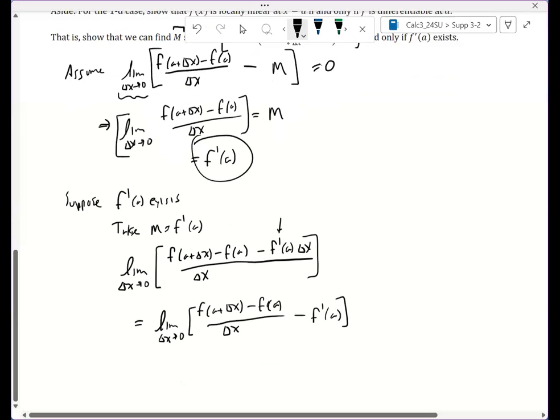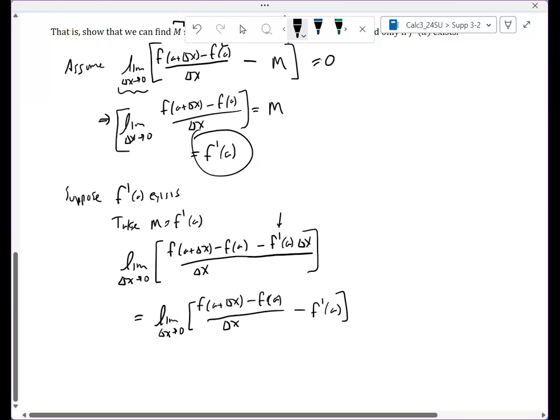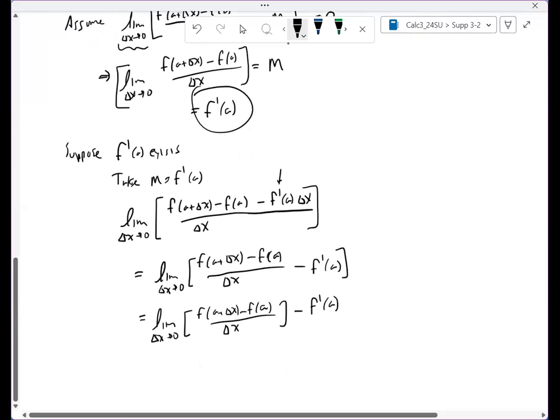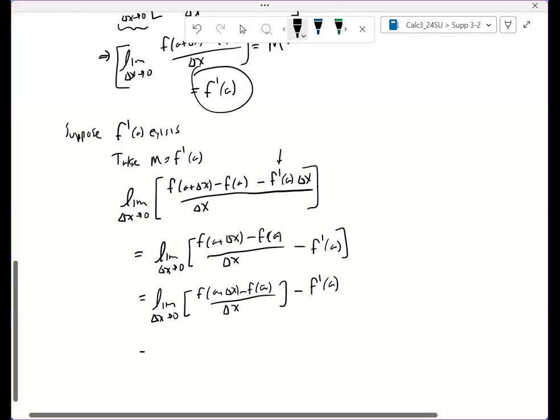F prime of a is a constant in terms of delta x. And we, of course, see because f prime of a exists, this limit is just f prime of a. So the original limit must be 0.